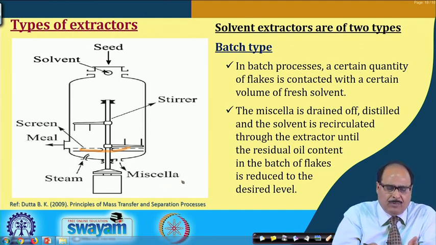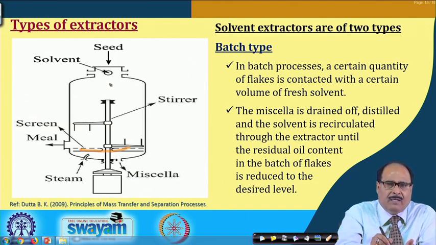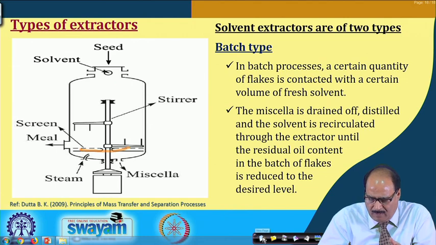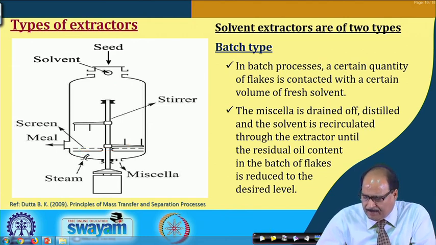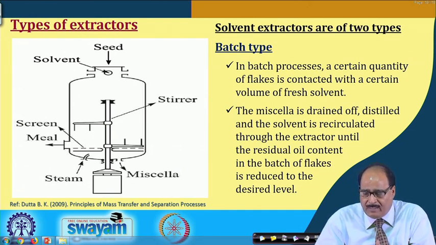Then, in the batch process also, in order to get maximum recovery, this miscella is refed again, and for 2-3 times it is maintained for some time, so as to get the maximum oil yield. So the miscella is finally drained off, distilled, and solvent is recirculated through the extractor until the residual oil content in the batch of flakes is reduced to the desired level.